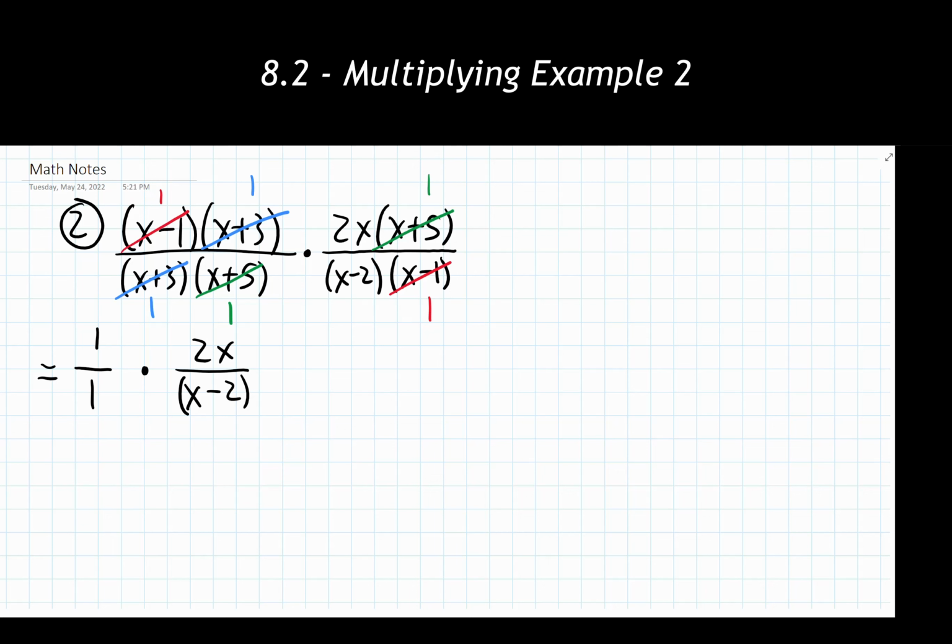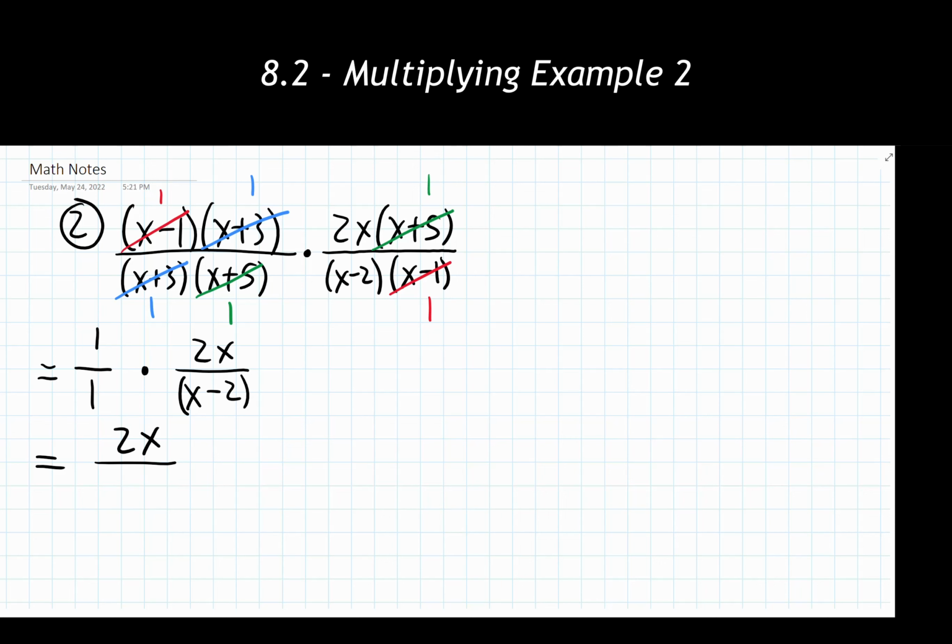And now we'll look at this and say, well, I can't really do a whole lot else with this in terms of cross-cancellation at all. So I multiply this thing together, and we multiply fractions straight across. Numerators multiplying together, denominators multiplying together. And we notice, well, 1 times anything is just the anything. So 1 times 2x is going to be 2x in the numerator spot.